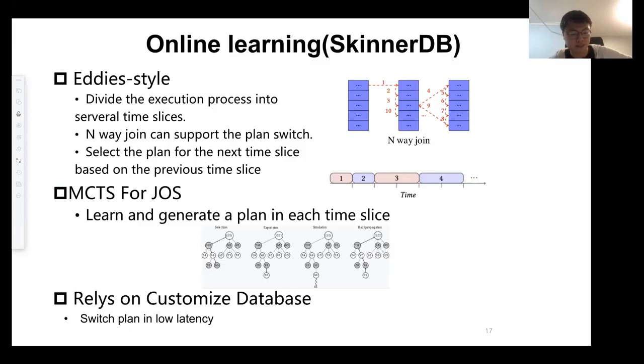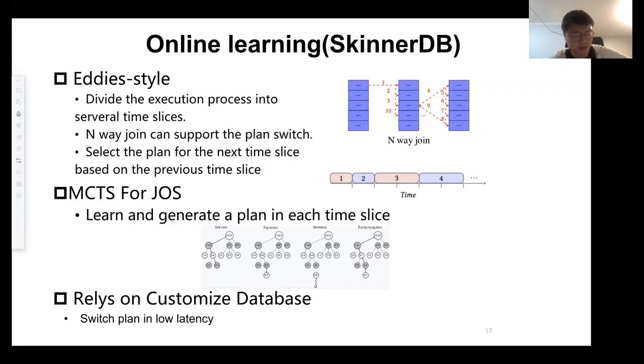So the next question is how to choose the correct order in each time slice. SkinnerDB uses the percentage of the query completed by a join order within a time slice as a reward value for this order. It uses MCTS to balance the need for exploration and exploitation.